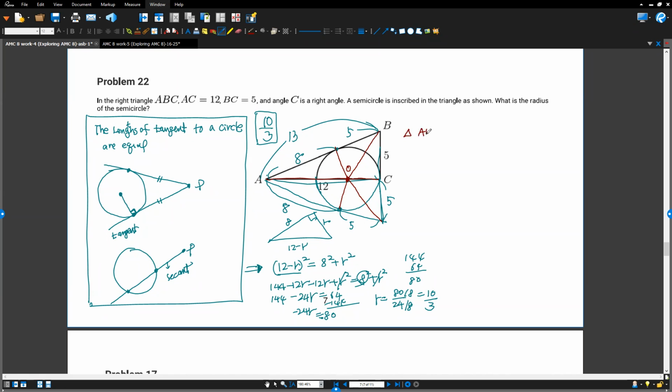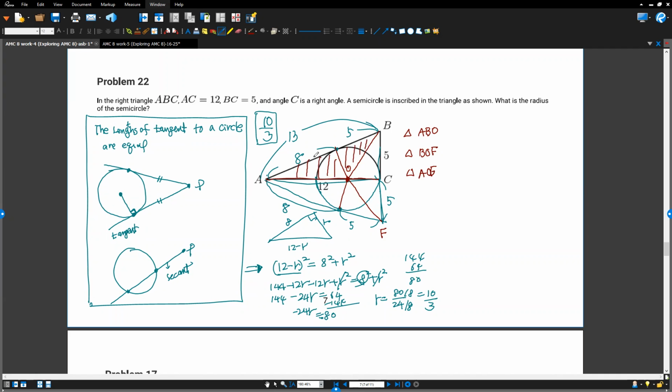Triangle ABO, and another one, triangle BOF. I'm going to call this F. Triangle BOF, and also triangle AOF. Take this triangle first.